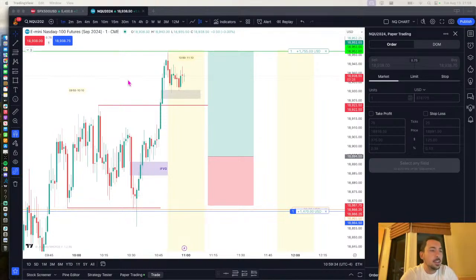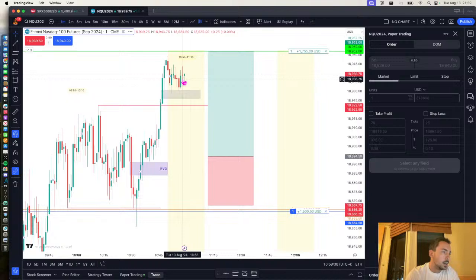It is currently 10:59, right? Almost 11 o'clock. So we have basically 10 more minutes for this macro to finish. And that is when we want this to hit. So within the next 10 minutes. Hopefully on the next 2 or 3 candles, it'll hit.